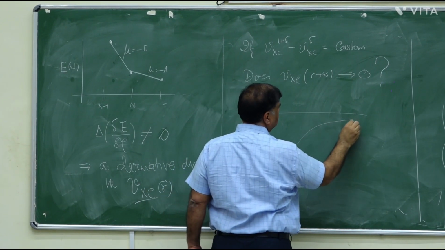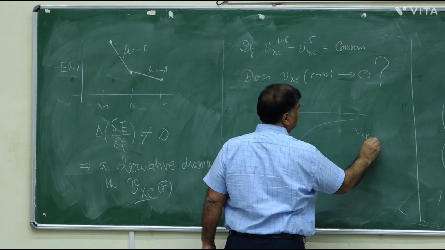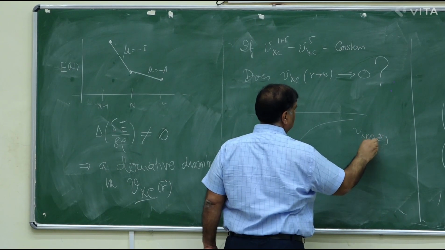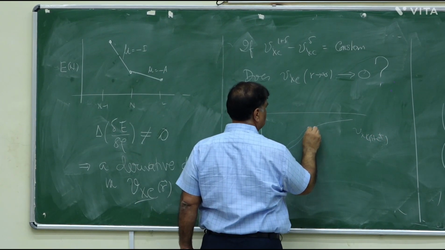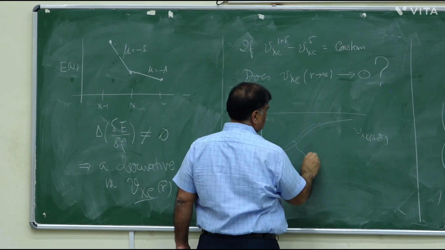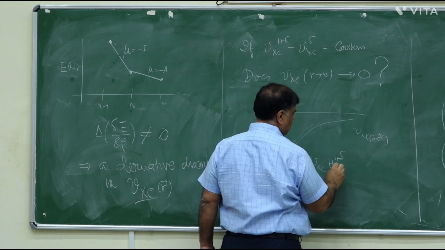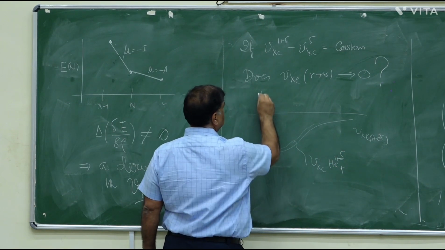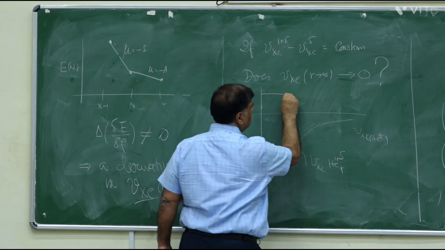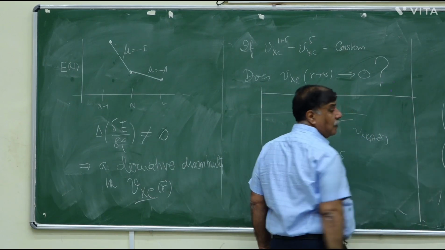Suppose this is Vxc helium plus, and this is Vxc helium 1 plus delta. Is this constant change constant throughout?